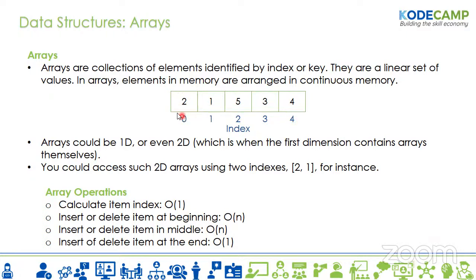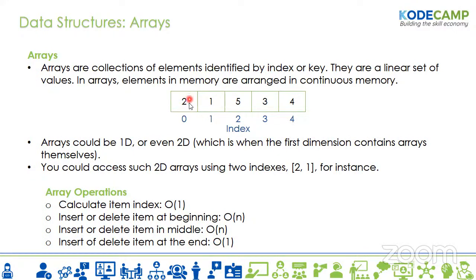And how the array works is this. For example, you want to store a variable, and this variable is stored in a specific place in the memory, and each system memory has an address, like a location where some information is stored.